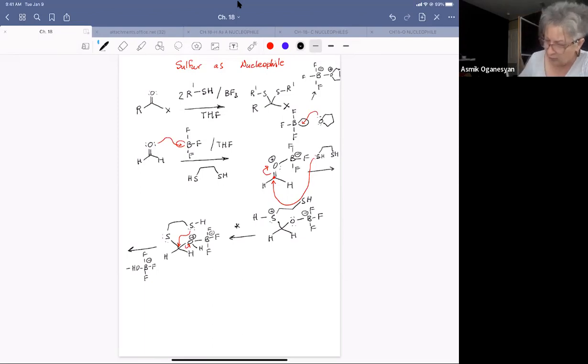We have a negative charge here, and we will be left with our last intermediate. Proton on. That proton can be removed by your byproduct.